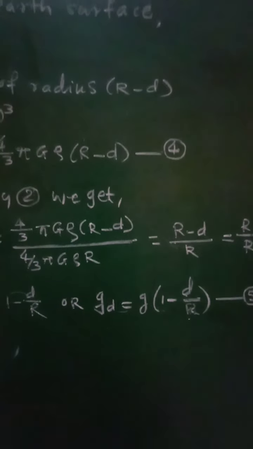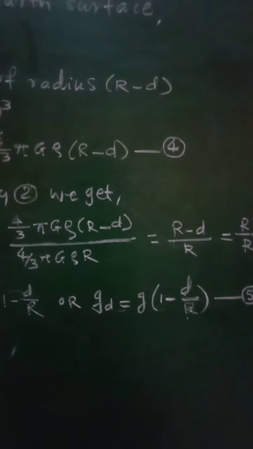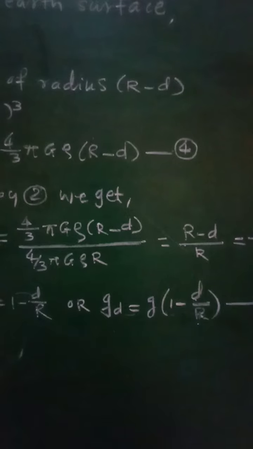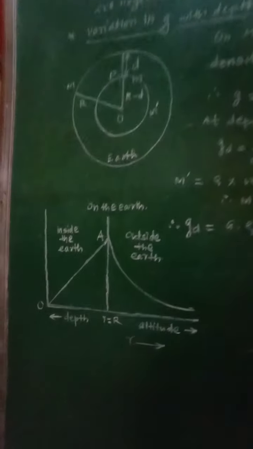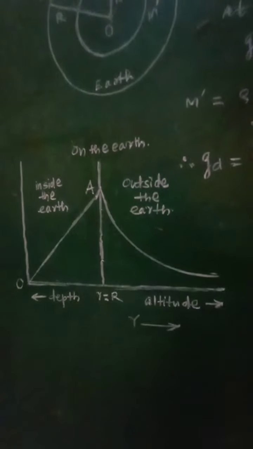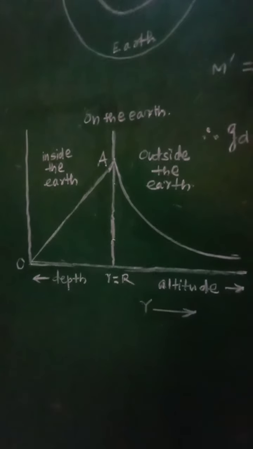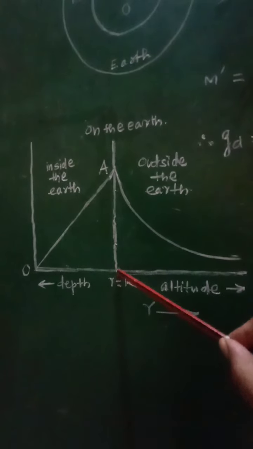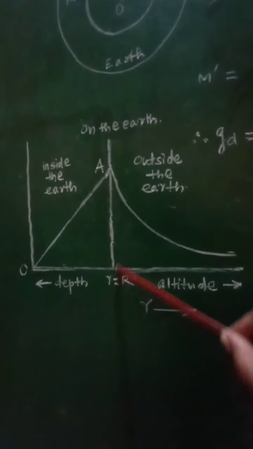Now consider the graphical representation of the variation of the acceleration due to gravity with altitude as well as depth. In only one graph we can show it. Suppose this represents r is equal to r, that means this will be the earth's surface.